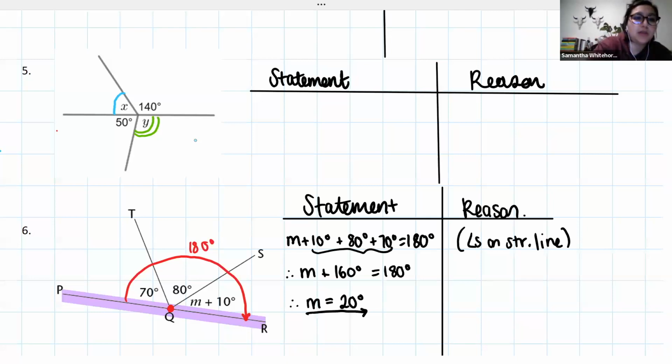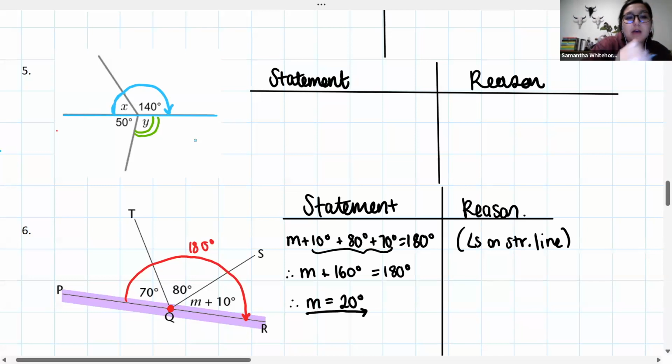So if we start with X, what we see is that X is an adjacent angle to 140, and it is on the straight line there that I've drawn in blue. So we can say X plus 140 gives us 180 degrees, and our reason: angles on a straight line.